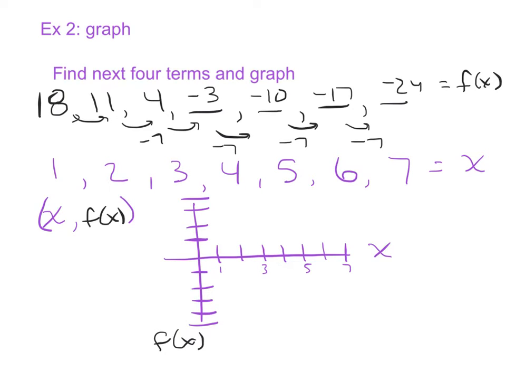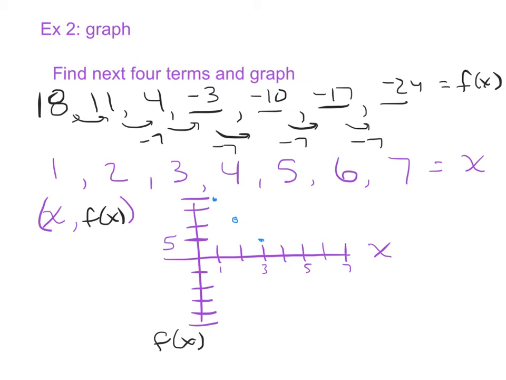So when we plot the points, we end up with 1 and 18. And then 2 and 11, going by 5s. And then for the third term, it's 3 and 4.